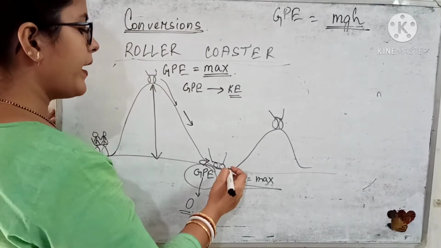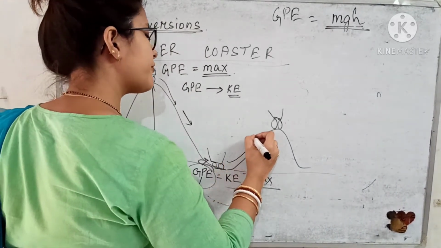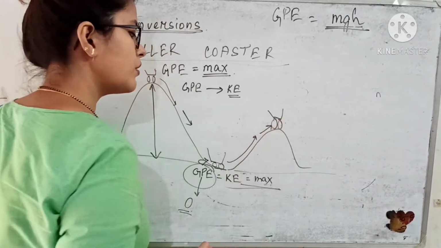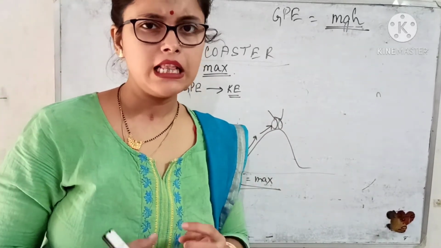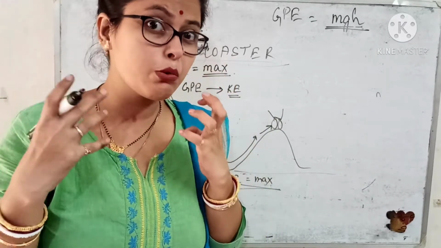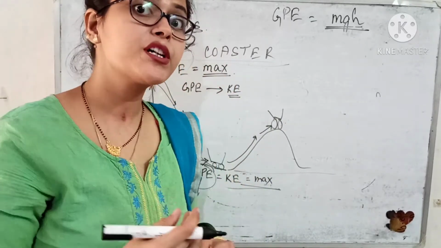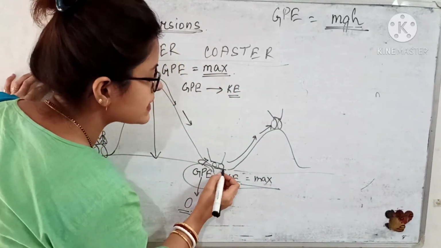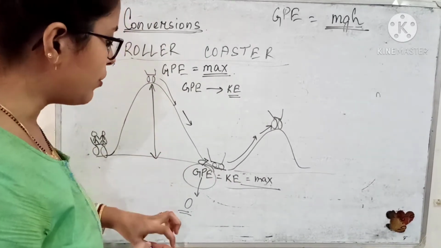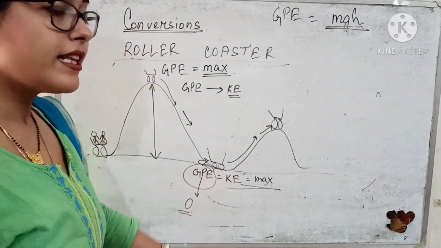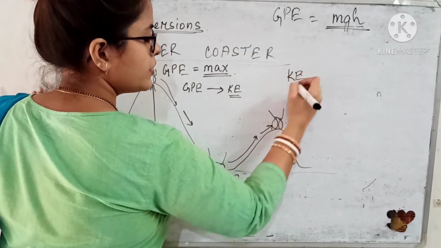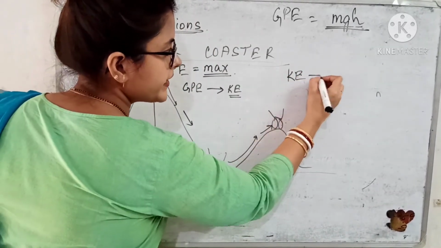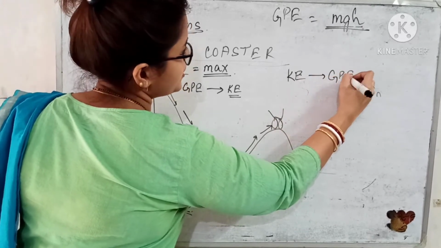Now, when it again starts moving from here to here, what happens? In the roller coaster, we see that when the cart moves, there is a huge amount of sound getting created. That is because of the friction between the wheels and the tracks, isn't it? So, the kinetic energy that it has now possessed slowly starts converting to gravitational potential energy.